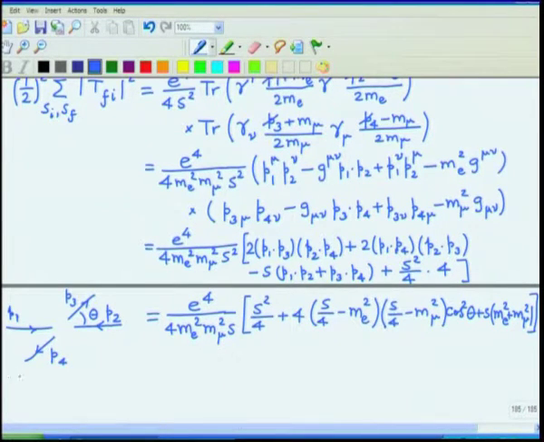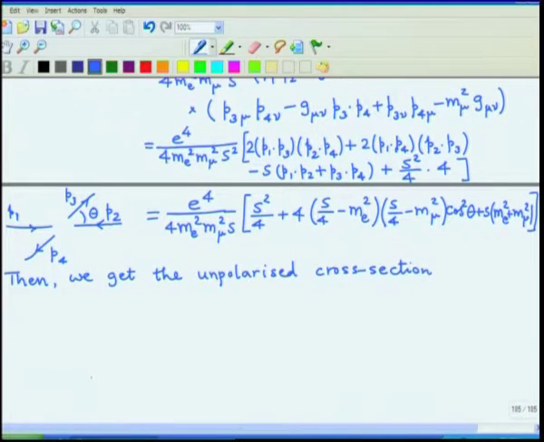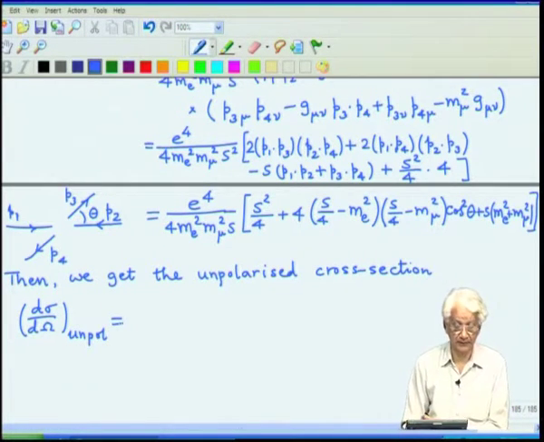So, then we have the complete result for the unpolarized cross section, which can now be written in a simple form.